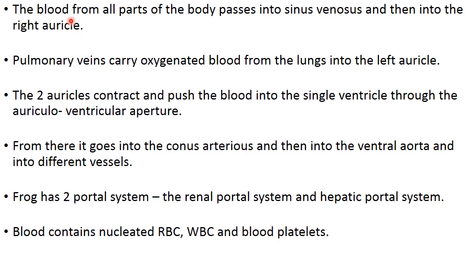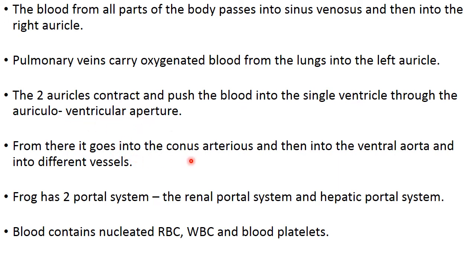Then you have blood from all parts of the body passes into the sinus venosus. Now we are talking about the circulation, and then it will go into the right auricle. वहाँ से pulmonary veins from the lungs will carry oxygenated blood from the lungs to the left auricle. Then the two auricles contract and push the blood into the single ventricle through a common auriculoventricular aperture.